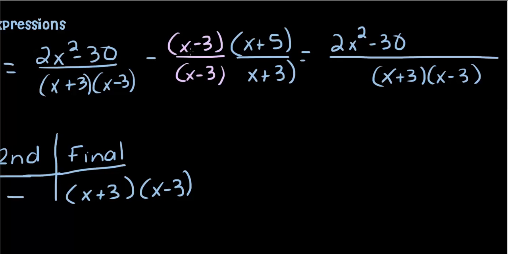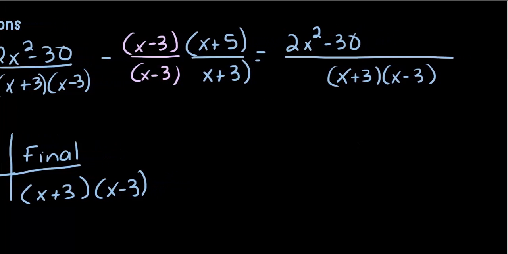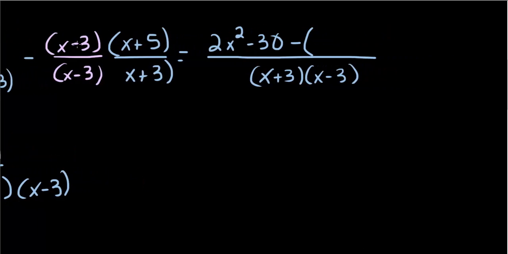The negative sign is affecting every single thing on the right side of the negative sign. So I'm going to write negative for this negative sign, parenthesis, and I'm going to FOIL everything, but again, everything will be inside of the parentheses. So it is x times x, it is x squared, and then x times 5 is 5x. Let's see, I made a mistake here. Negative 3 times x is negative 3x. And negative 3 times 5 is negative 15.